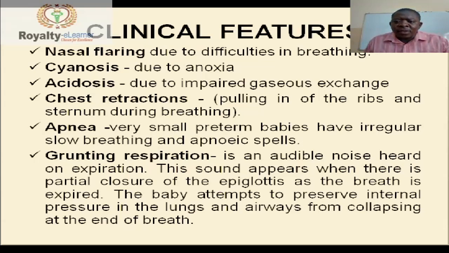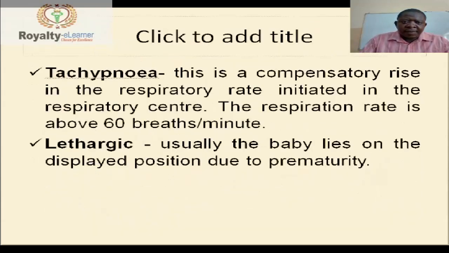This sound appears when there is partial closure of the epiglottis as the baby's breath is expired. The baby attempts to preserve internal pressure in the lungs and keep them from collapsing at the end of the breath.